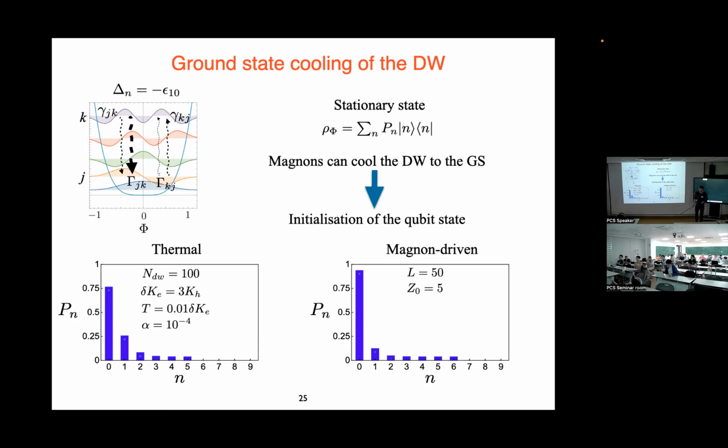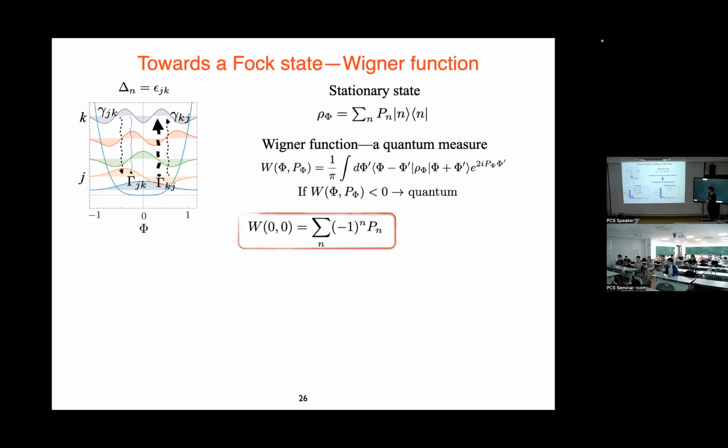However, it's not really yet quantum, it's just preparing in the ground state. But now let's try to do something more quantum. Which kind of magnon drive? So you apply microwave, and if the energy splitting is smaller or larger than this delta, if delta n becomes negative, the magnons basically take energy out because you invert.